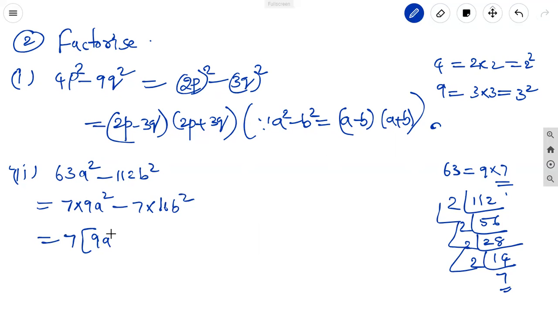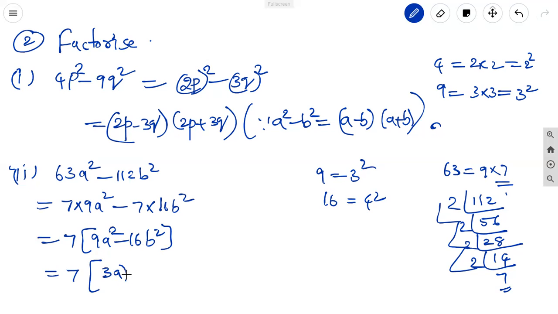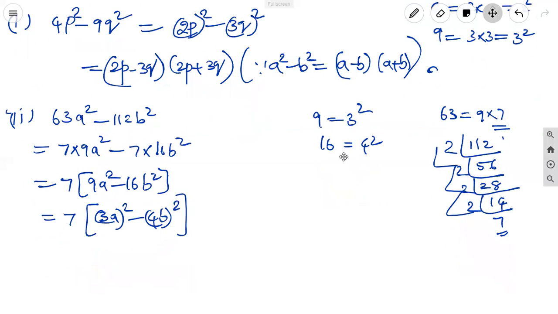7 into 9a square minus 16b square. So 9 and 16 are the perfect squares. 9 is equal to 3 square, 16 is equal to 4 square. So we can write it as 7 into (3a) whole square minus (4b) whole square. What is the suitable identity to split the factors?